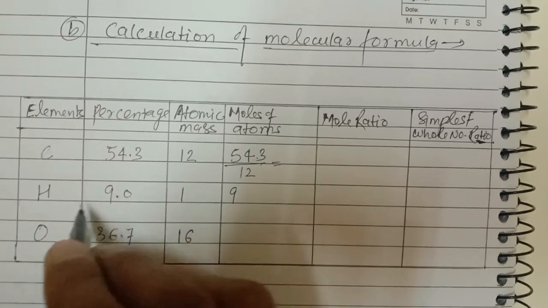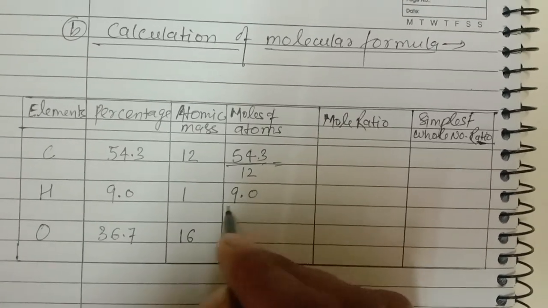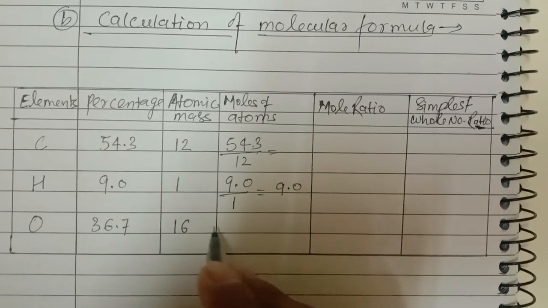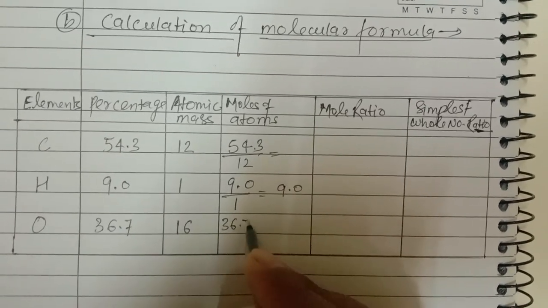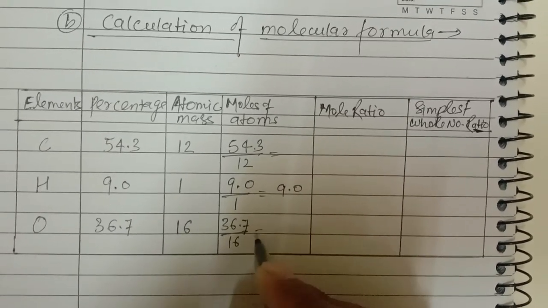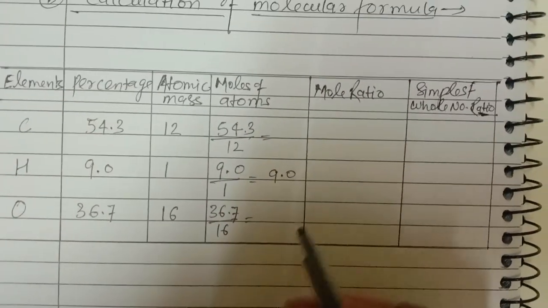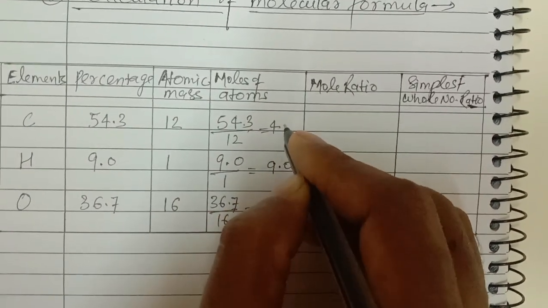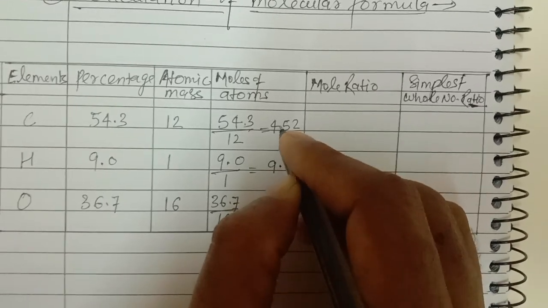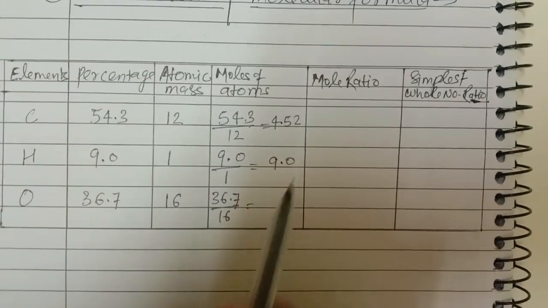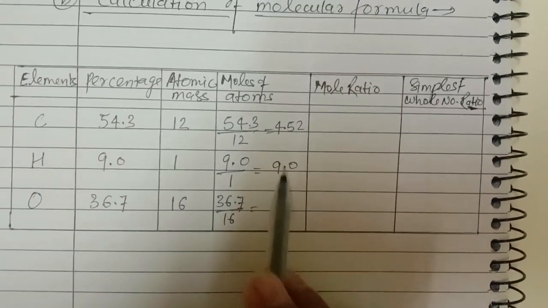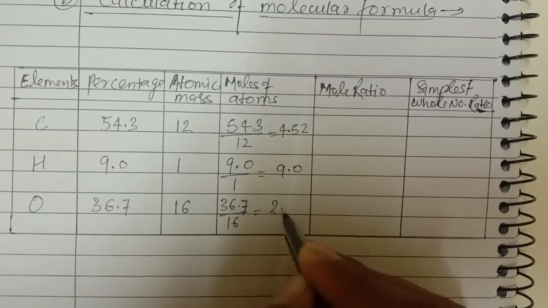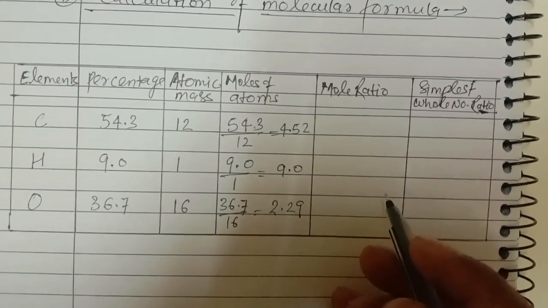The mass of hydrogen is 9.0 divided by 1 equals 9.0, and 36.7 divided by 16 gives the moles. So it comes to 4.52 moles, 9.0 moles, and 2.29 moles.